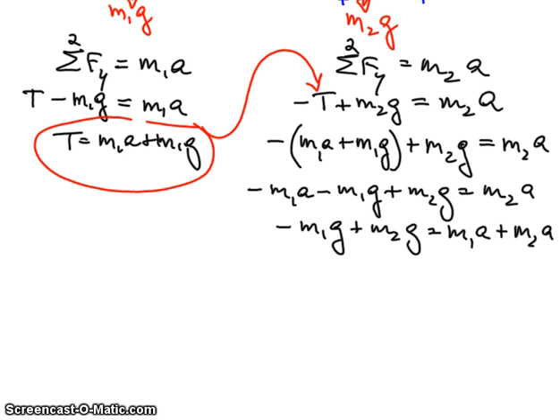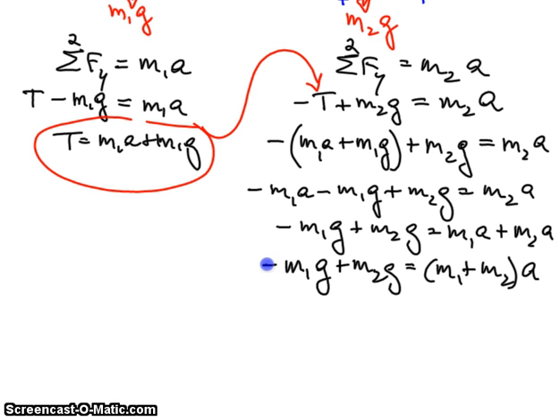We see M1A plus M2A, so we want to factor out the acceleration from that. So we get M1 plus M2 times A. And then we're going to divide both sides by M1 plus M2. And if we do that, we get minus M1G plus M2G over M1 plus M2.